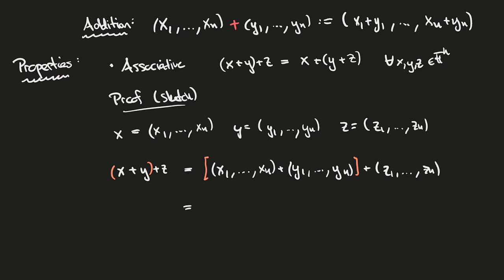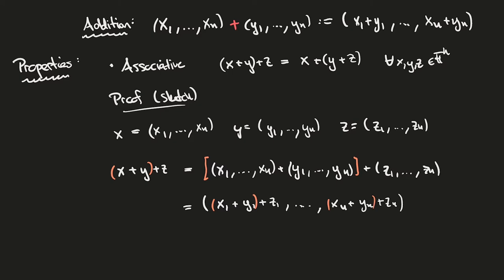Now, applying the definition of addition in Fn twice, what we get is a single ordered list which has as entries x1 plus y1 plus z1 bracketed in the following way. So x1 and y1 are bracketed together, and this holds for every entry. And so you can verify that this is indeed the case.